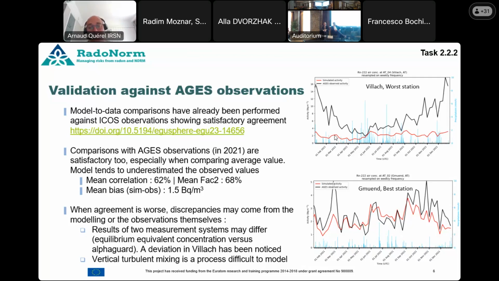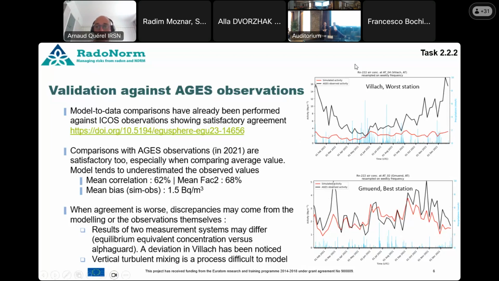Of course, there are some stations where the results are very good, for example this base station, where the mean bias is very low and the trends are quite well kept by the model. But for some stations, the model performs badly, and we have some explanations for this bad performance.